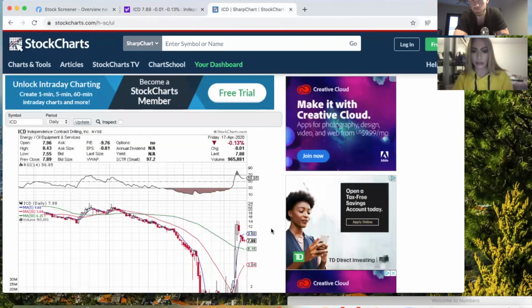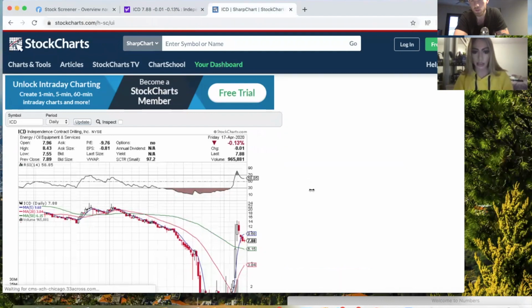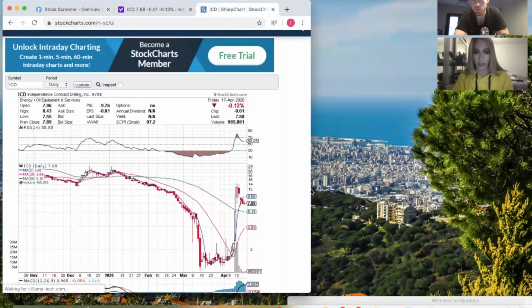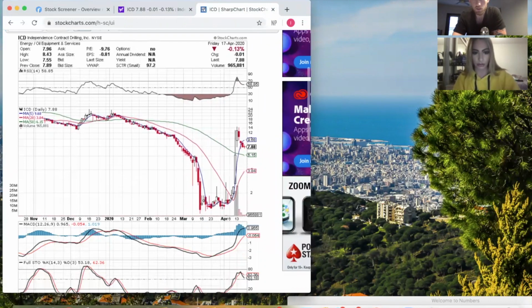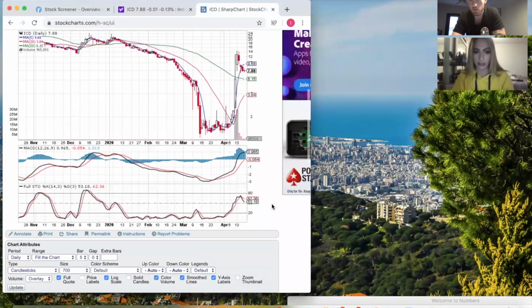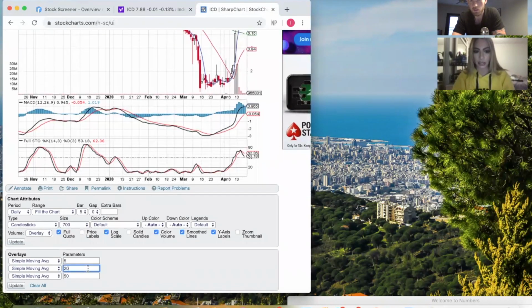So initially, when I had pulled this one up here, it's probably back in this range or so. And as you can see, there wasn't really any volume there. I always look for the 5 day as my first indicator, and then a break over the 20 day is normally when I think the stock price will start moving up.